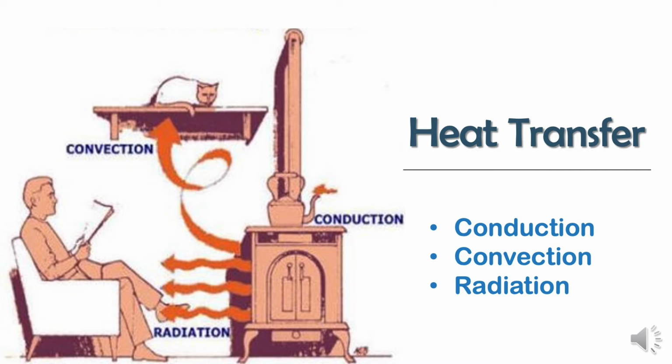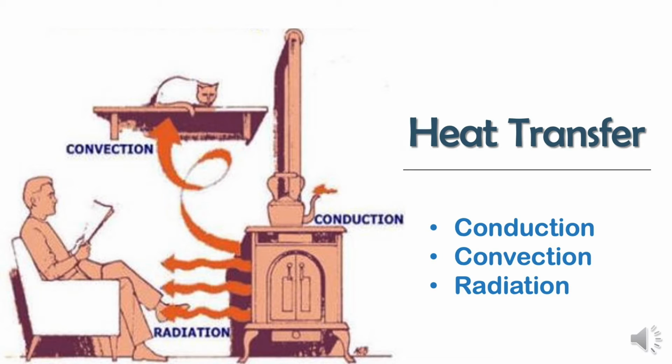The main way that heat transfers is through conduction, convection, and radiation. In the image that we see here, we have a wood stove. So there's a fire inside the stove. The heat from the fire is heating up the stove itself.